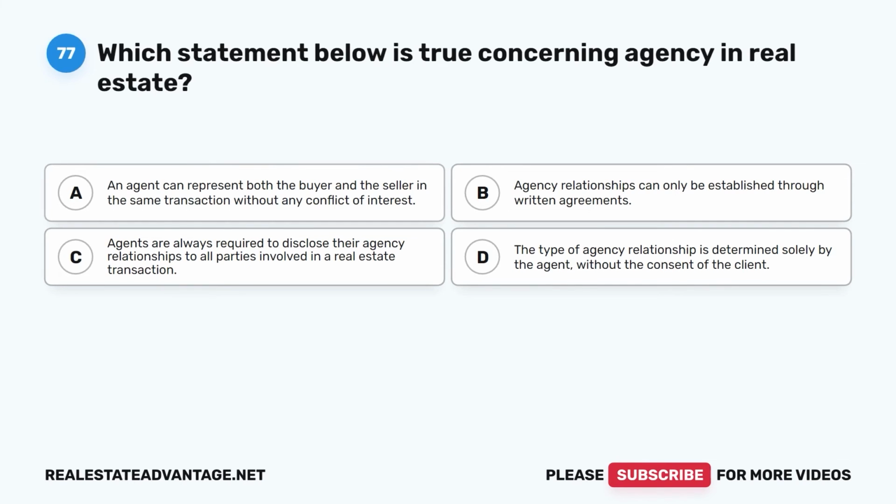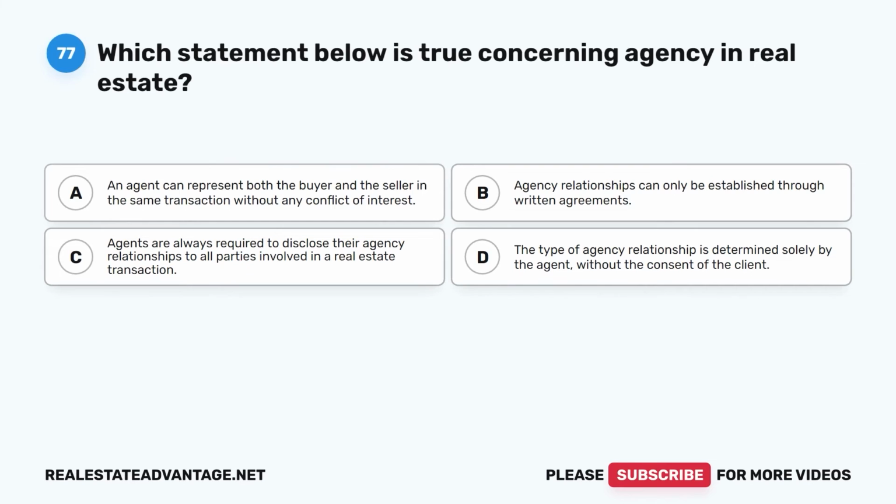Question 77. Which statement below is true concerning agency in real estate? A. An agent can represent both the buyer and the seller in the same transaction without any conflict of interest. B. Agency relationships can only be established through written agreements.